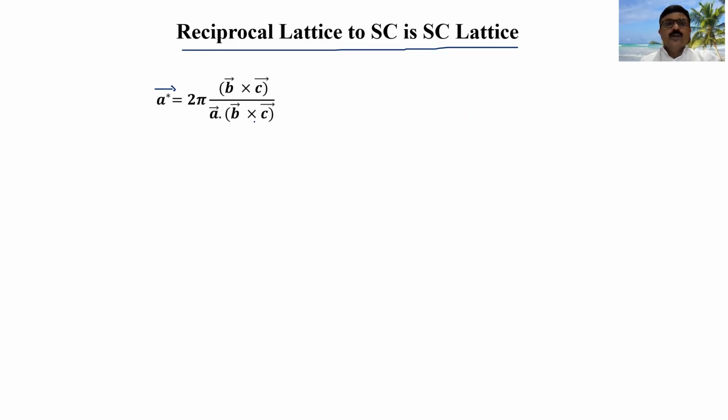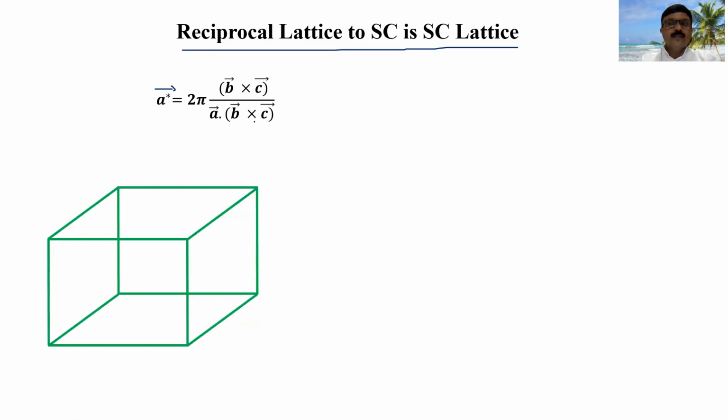Now, first of all, here we have to consider the simple cubic crystal structure, and then we have to convert the reciprocal lattice vectors into these new vectors. So for that, let us consider the unit cube, the simple unit cell of the simple cubic crystal structure.